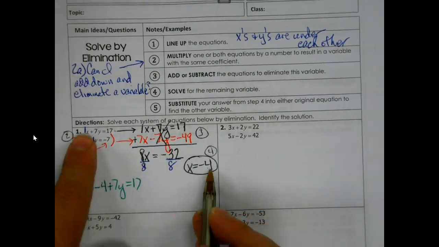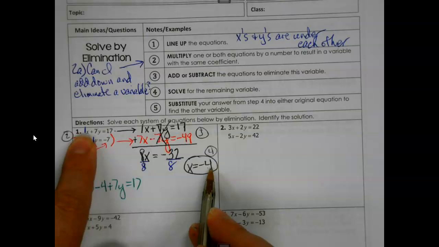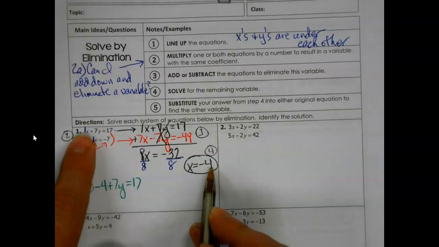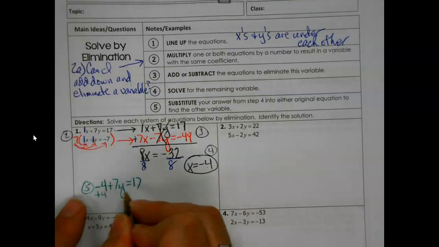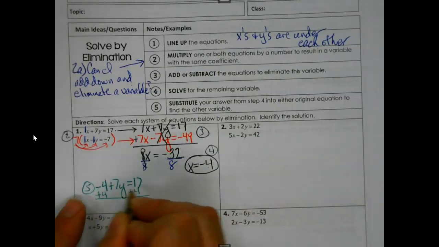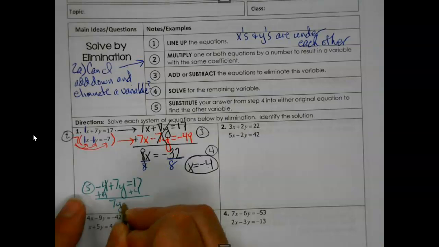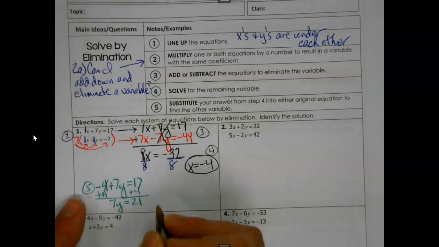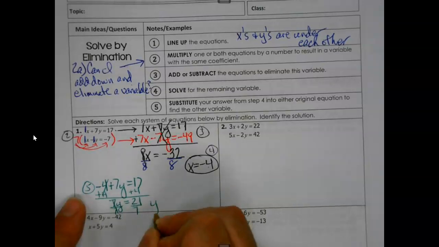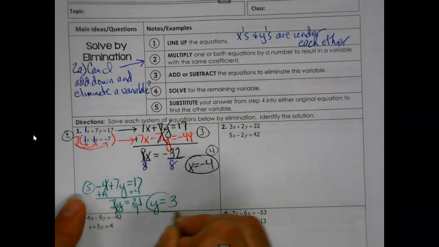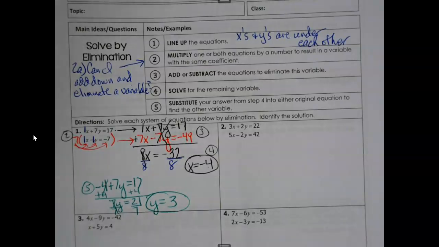So I replaced the x with its value. Sort of like when we were doing the substitution stuff yesterday. And now we're just going to solve our 2-step equation. And get to our answer.